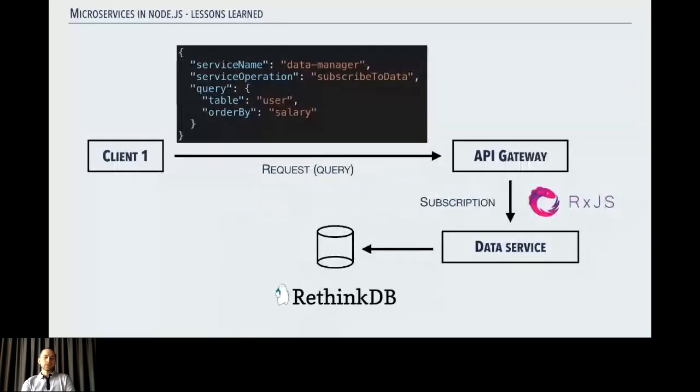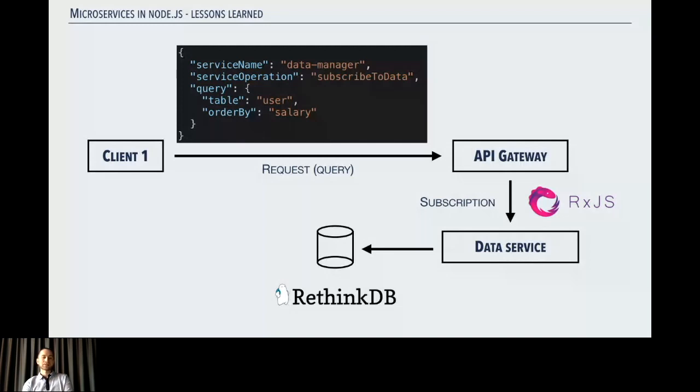So let's walk through how it might look. Let's say the first client is making a request to our system, and in that request it specifies that he wants to subscribe to data, let's say from a table user, and he wants to order the responses by salary.